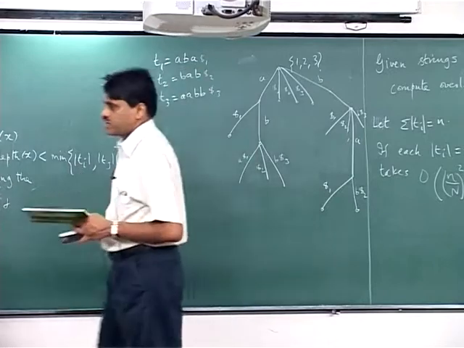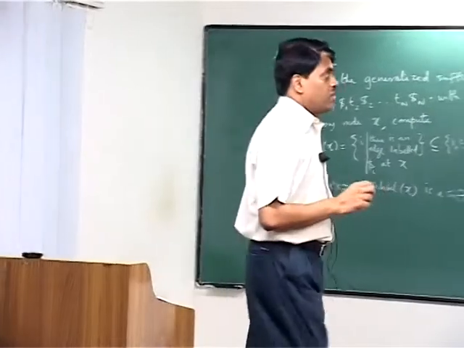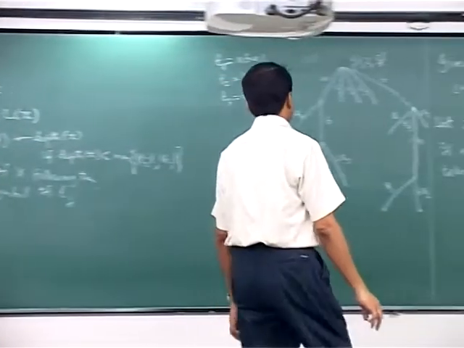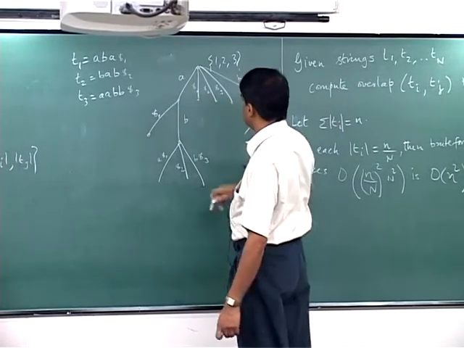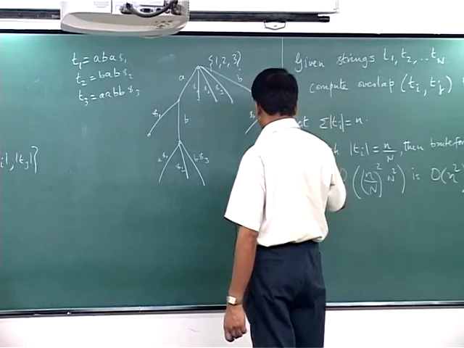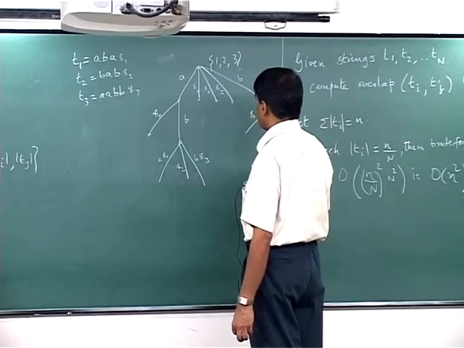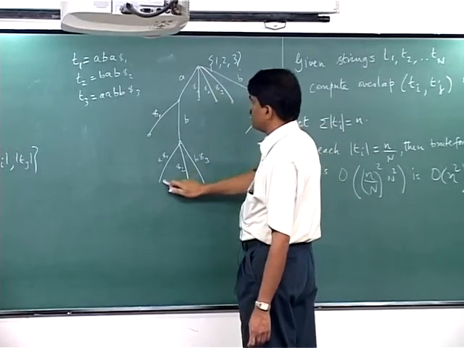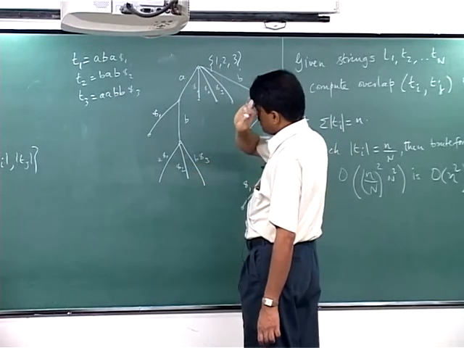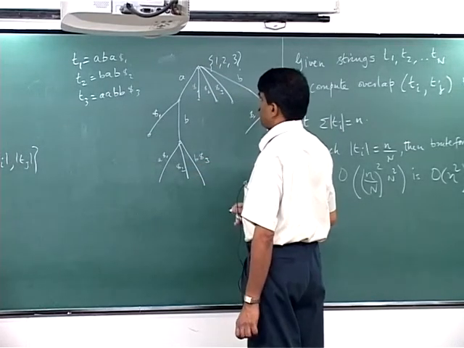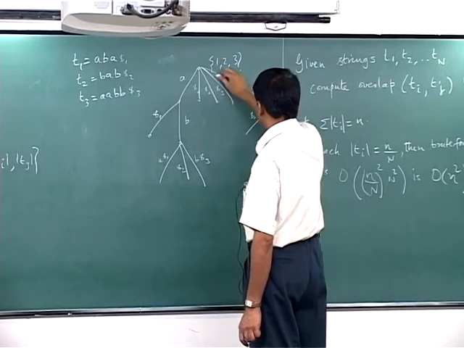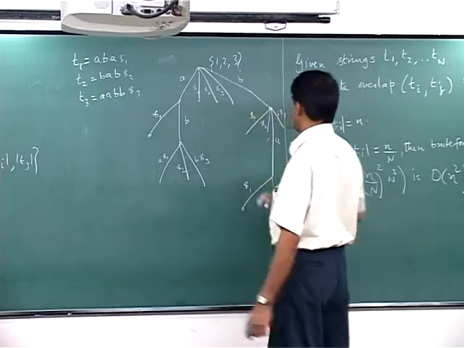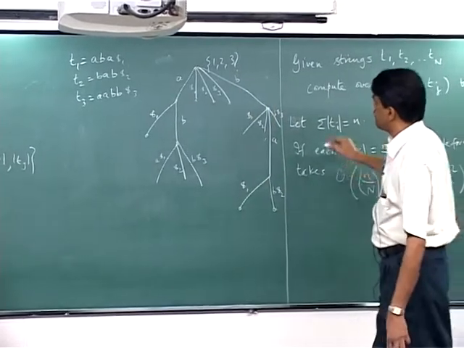So think of these concatenated strings. I've just drawn this compact suffix tree for this. So you have a suffix a delta 1, b a delta 1, and aba delta 1 is here. B A B delta 2 and so on and so forth. So you can verify that. So there is B delta 3.